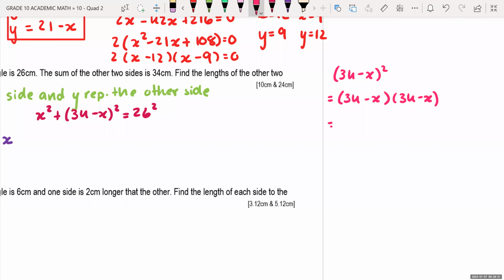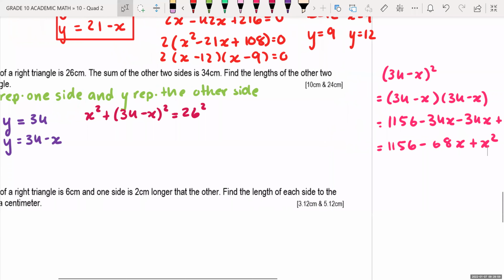I'm going to use my calculator to figure out what 34 times 34 is. It's 1,156 minus 34x minus 34x plus x squared. Okay, so hopefully you guys understood what I did there. I just foiled it so that I have my expanded expression there.